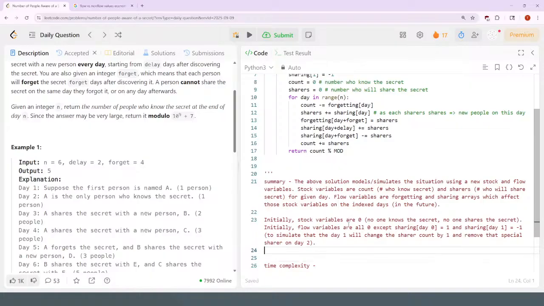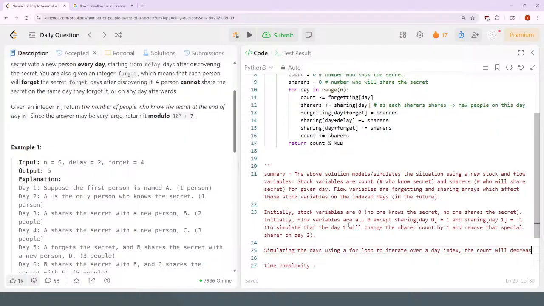Okay. And simulating the days using a for loop to iterate over a day index. The count will decrease by the number who forget on that day.